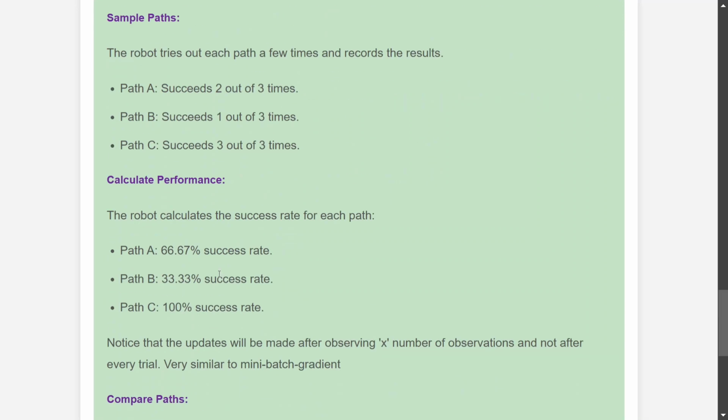Now, once it has passed through multiple iterations using the same policy, without updating the weights of that model, it is looking at the success rate of A, B, and C. So here you can see that C is the most successful path.